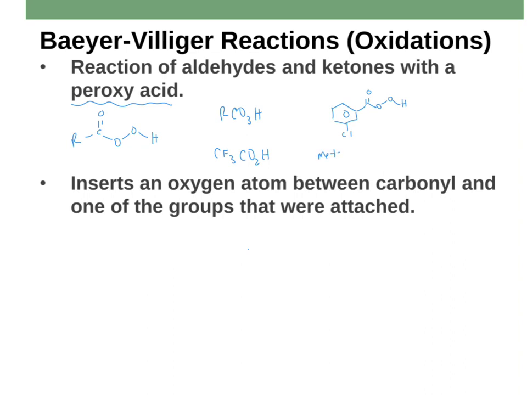Metachloroperoxybenzoic acid. And then, like I mentioned, these are all examples of the generic peroxy acid. I will make a note, and I'll put a little asterisk here. You have to watch out for alkenes and other things that are easily oxidizable, like sulfurs and sometimes nitrogens, like aromatic nitrogens.